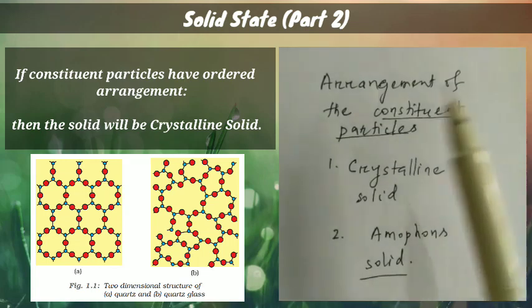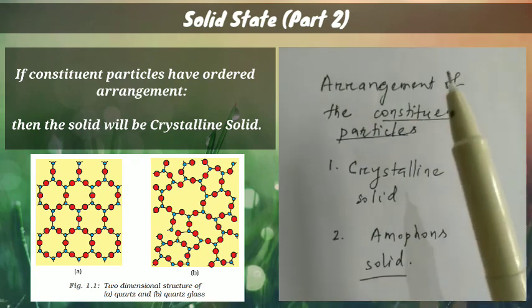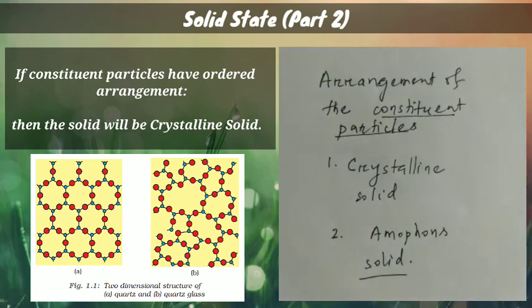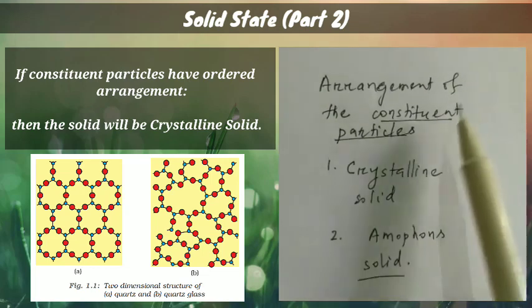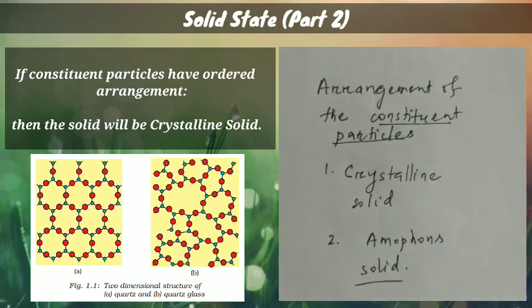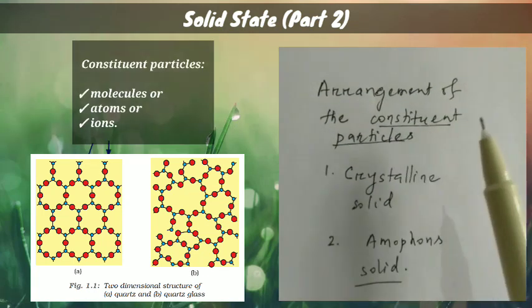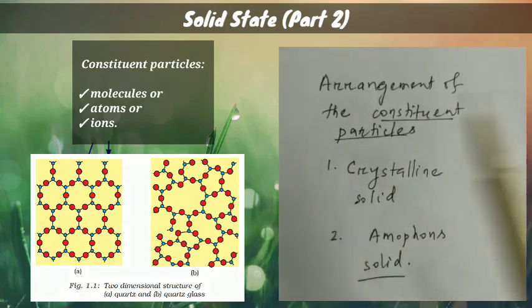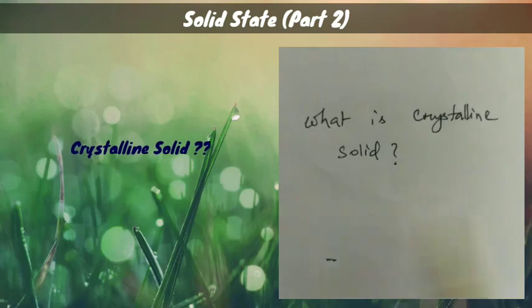And if the arrangement of the constituent particles is not ordered, then it will be an amorphous solid. Again, one point: the constituent particle may be molecules, or even atoms or ions.